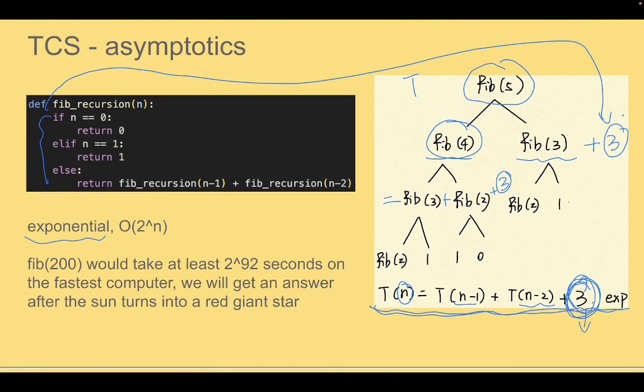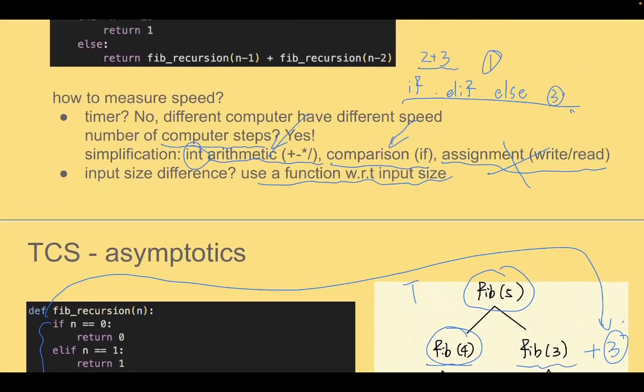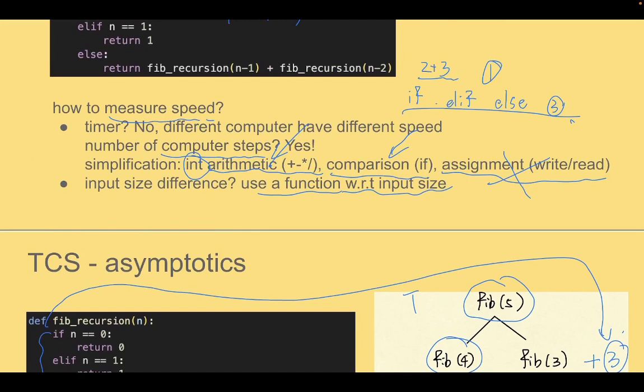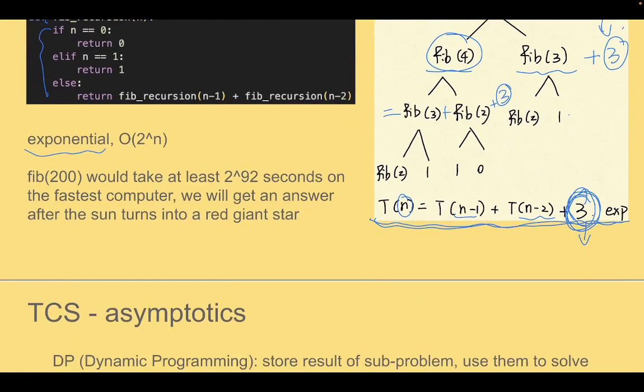So this is called a runtime analysis, where we measure the speed of an algorithm, right? It grows at exponential time, so we express it as O(2^n). I'm going to tell you what the big O notation is in the following part.